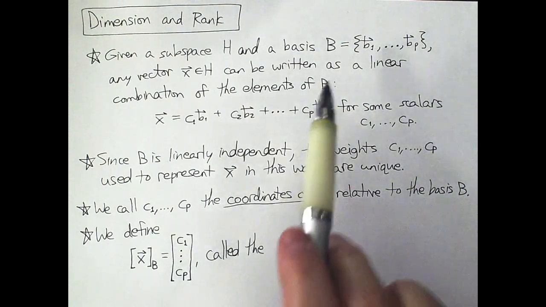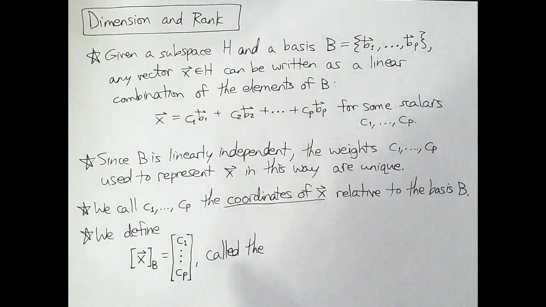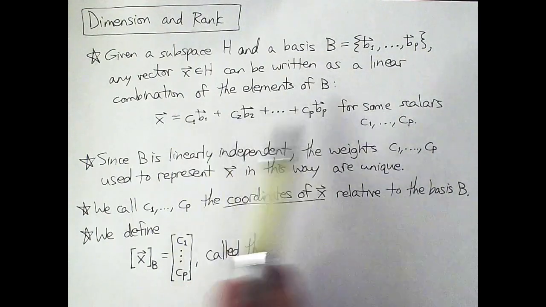So maybe there's a basis B1 and a basis B2 or something like that. So we specify what basis this is relative to. Okay? So the element x relative to this basis has these coordinates, which are the weights in the linear combination.